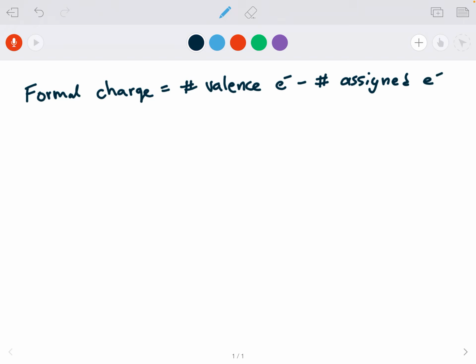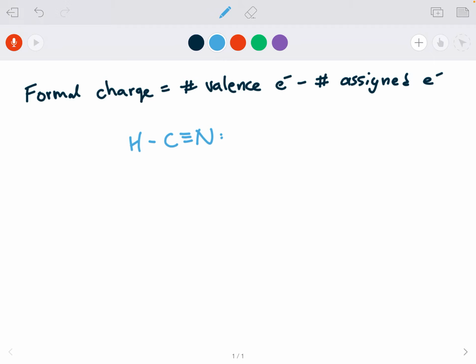So let's start with the molecule HCN. So this would be cyanic acid. I'll put in all the lone pairs we have in this.